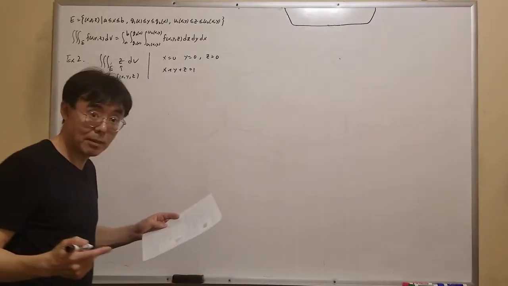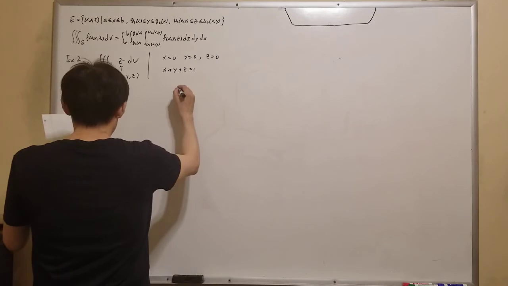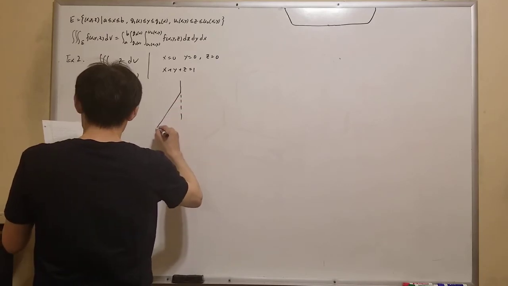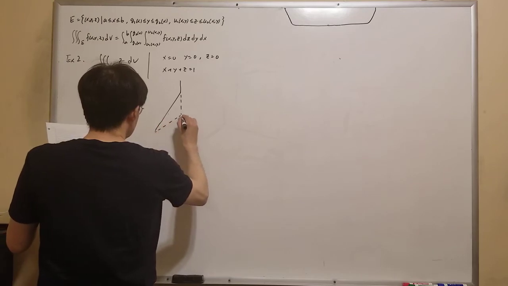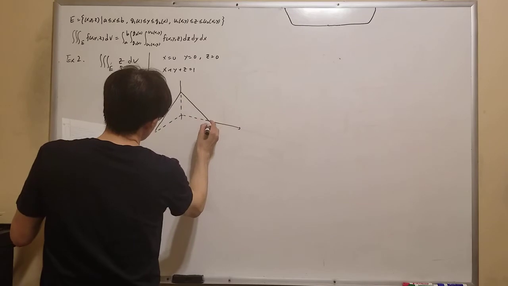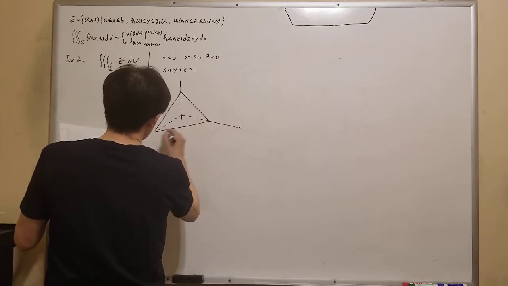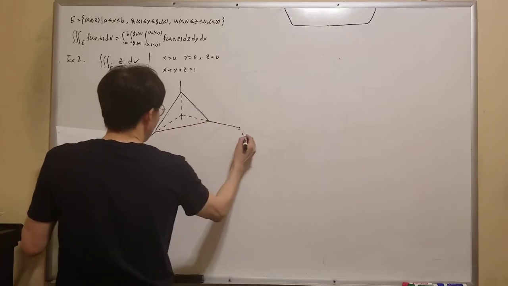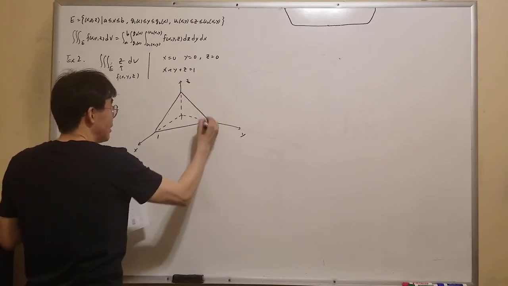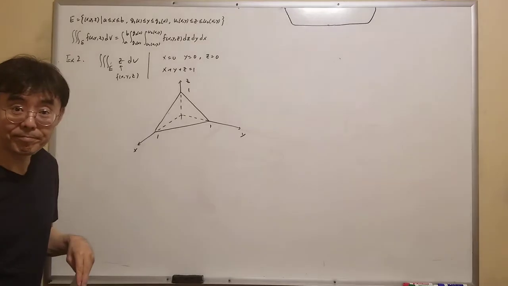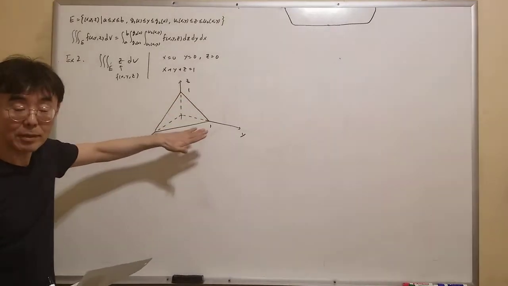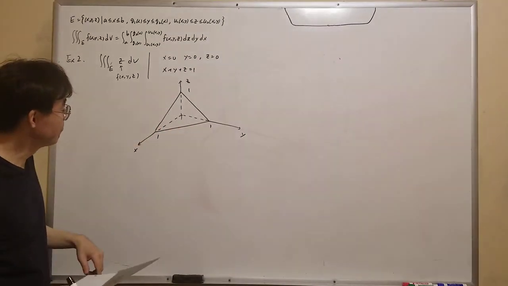As you can see in the picture, the x, y, z intercepts are 1, 1, 1. This is a tetrahedron, a solid region.